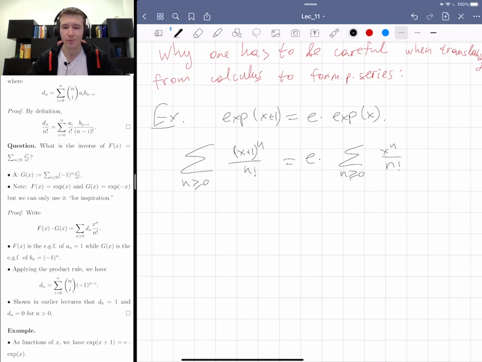Maybe nothing goes wrong with this formula. Okay, the denominator, n factorial. Which denominator? Okay, so nobody. Left-hand side does not converge.